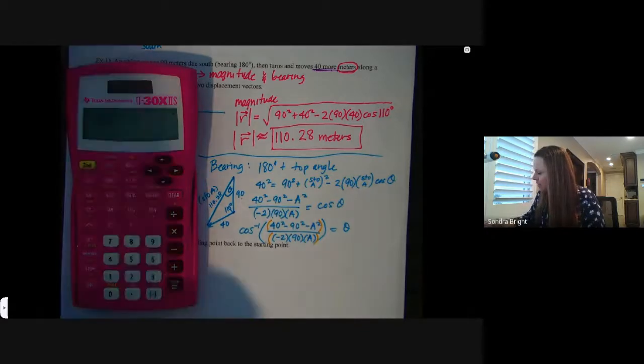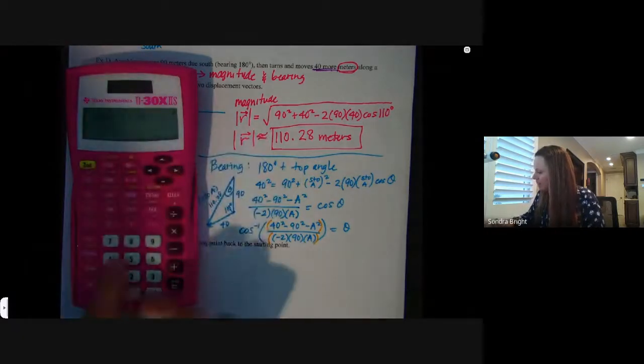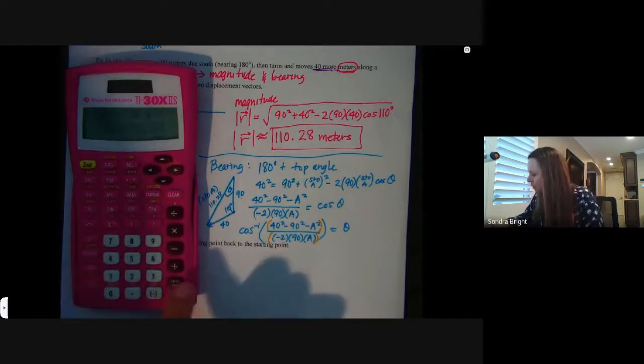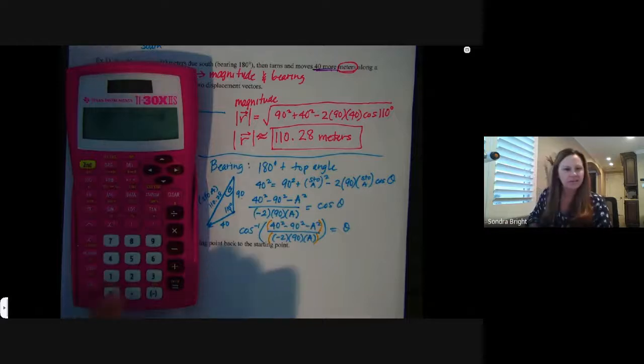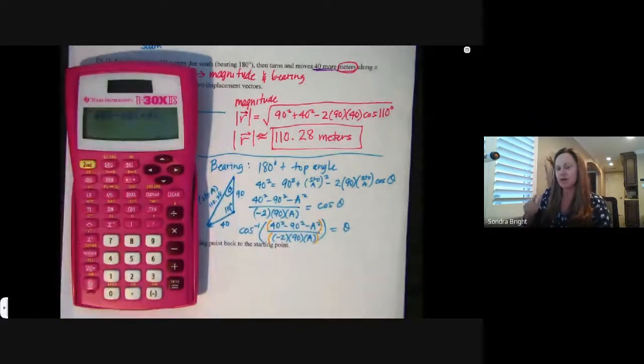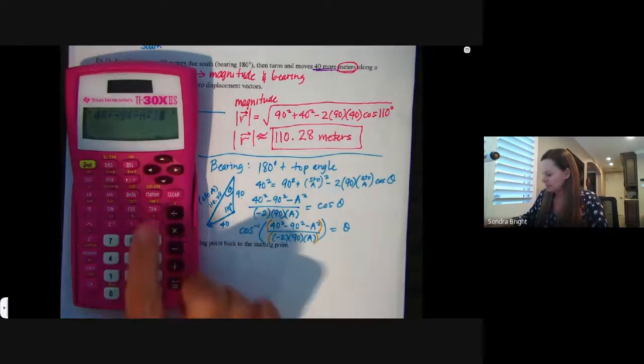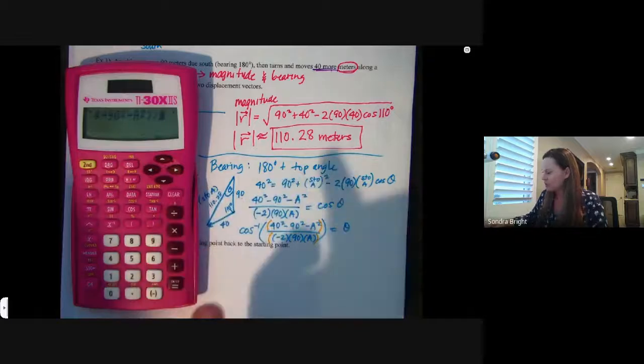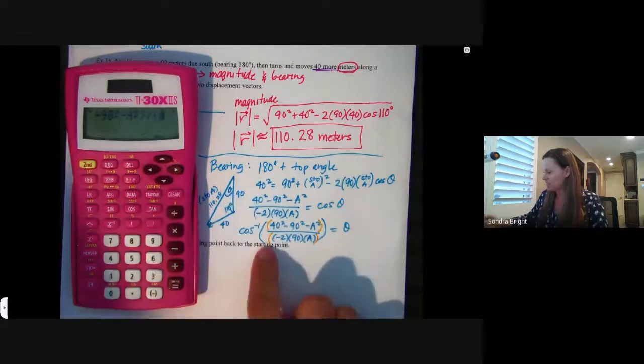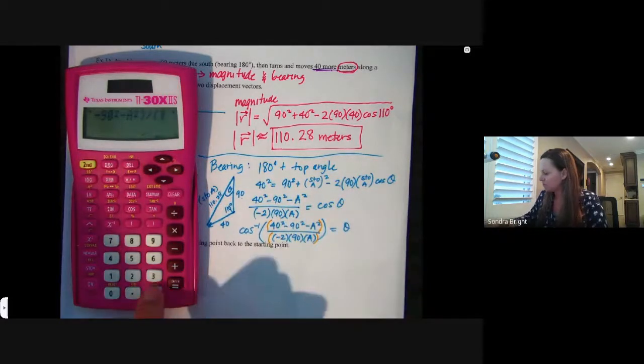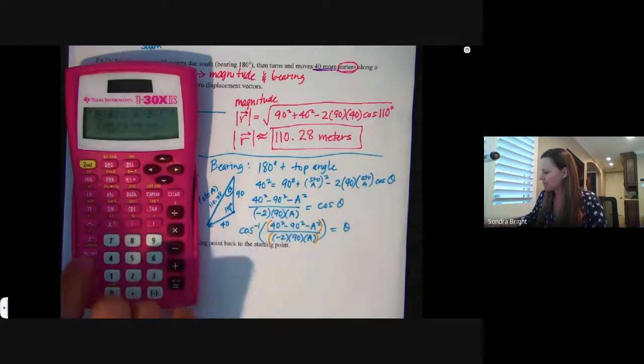It'll be 40 squared minus 90 squared minus my stored A value squared. I stored the magnitude as A, so A squared, and the parenthesis, divided by, start a new parenthesis to let it know this whole thing is in the bottom, negative 2 times 90 times that stored A value.